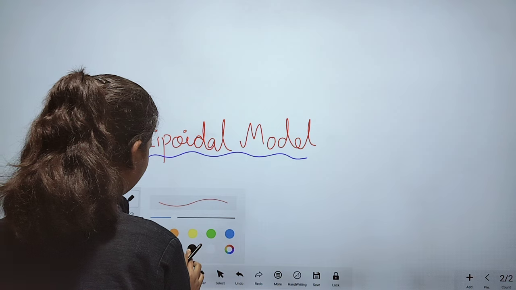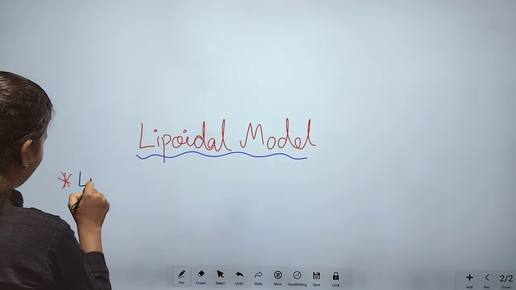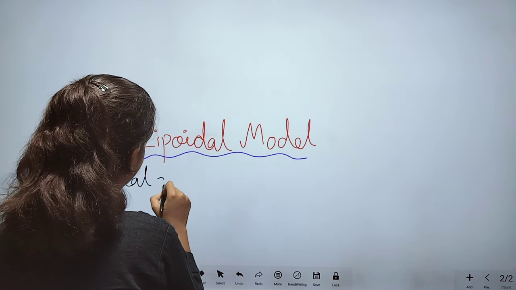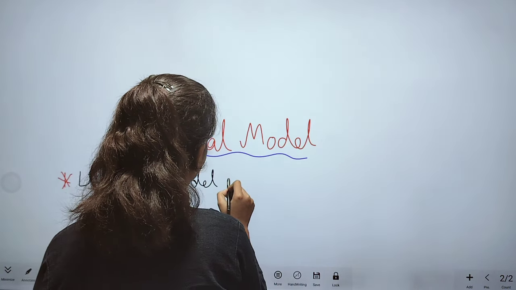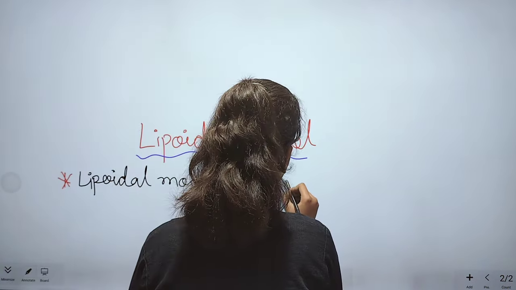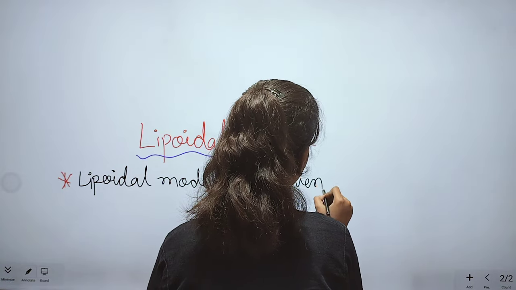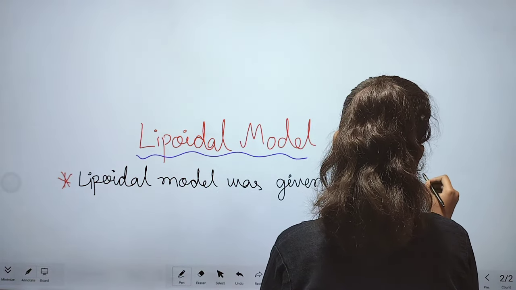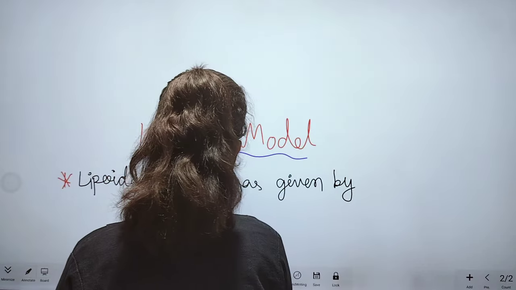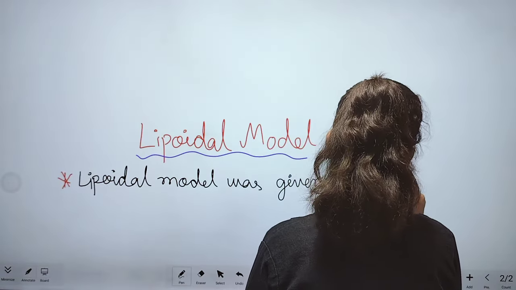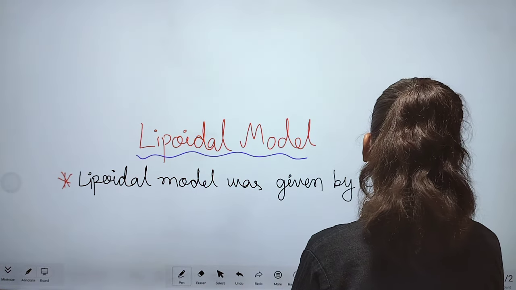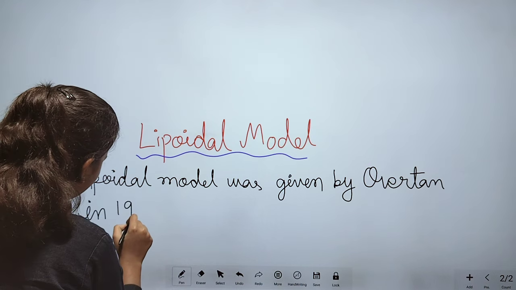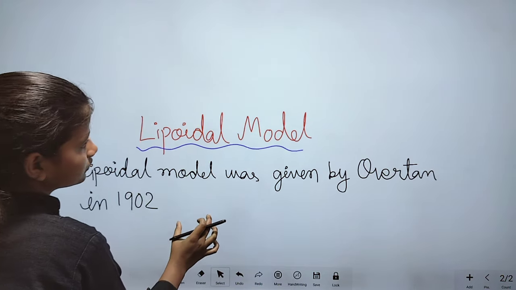The first point is that the lipoidal model was given by Overton in 1902.